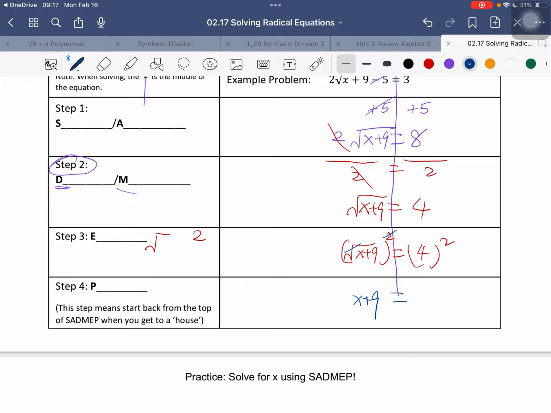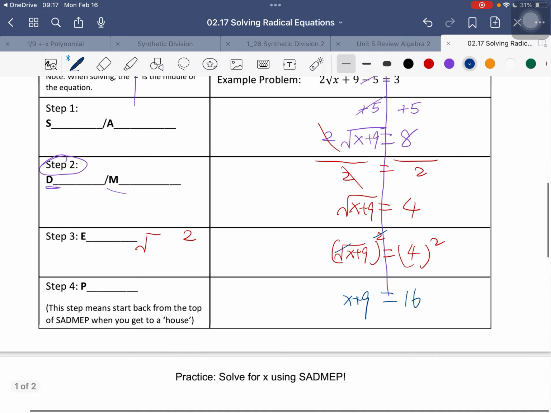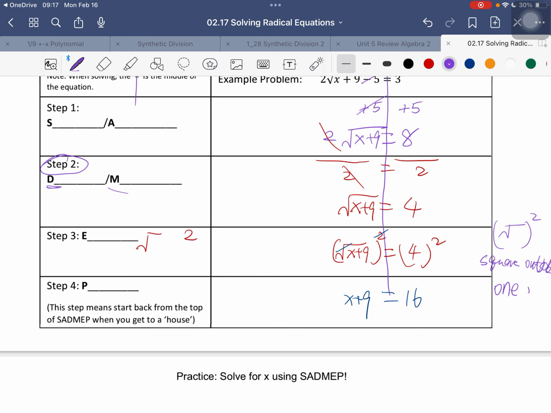And on the right side, 4 squared is 16. Probably you'll ask me why there's only one case, not two cases. Because every time you see a square root with the square outside, one case only, one answer only.